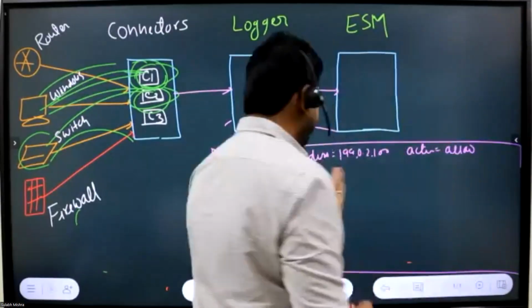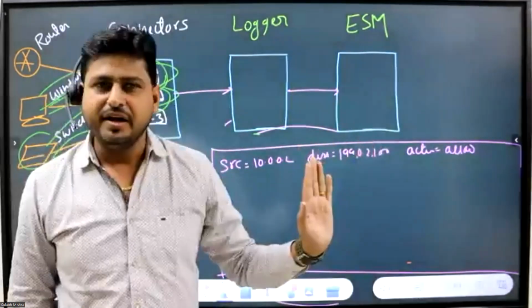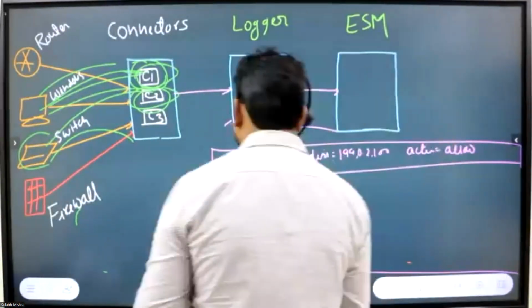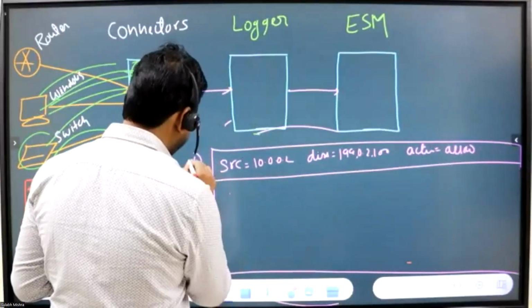For example, I have written only 3 fields, but there will be multiple fields. This is one field set, one event. Now a second event.